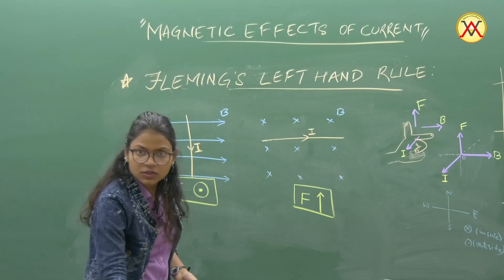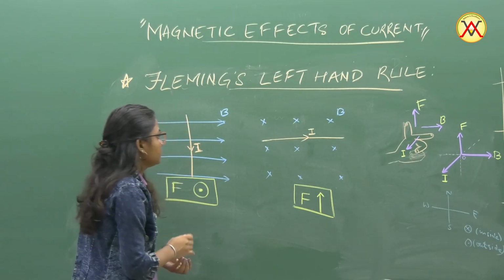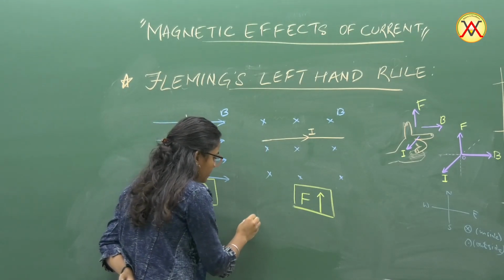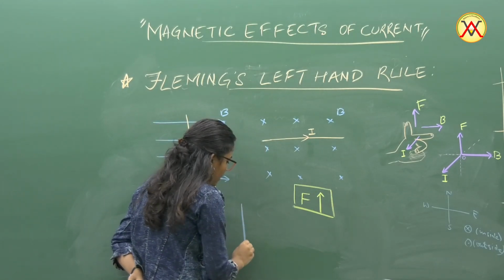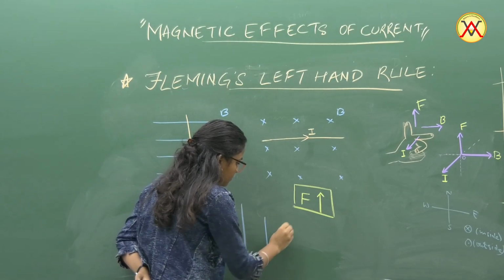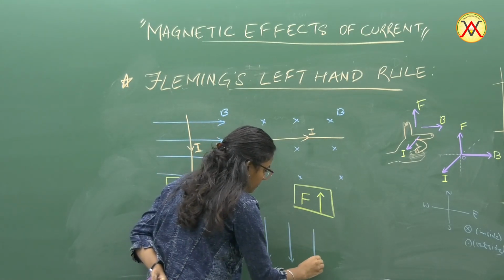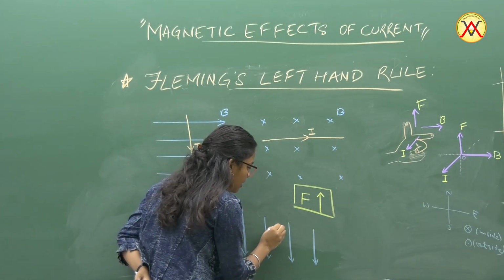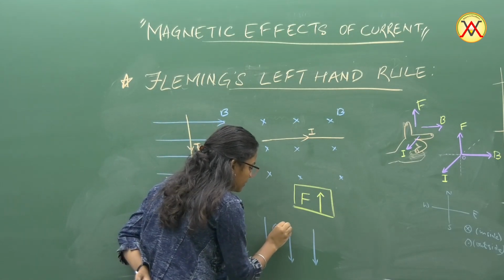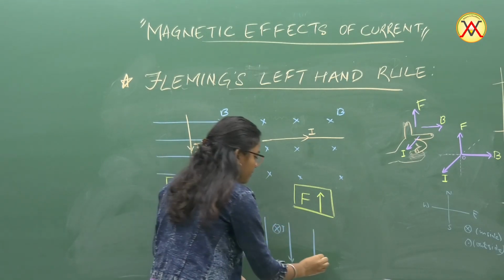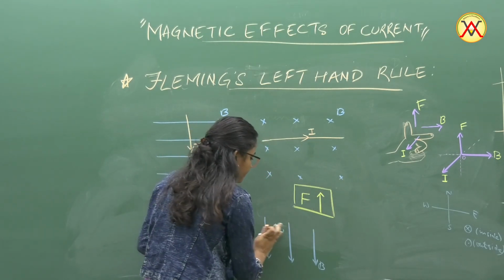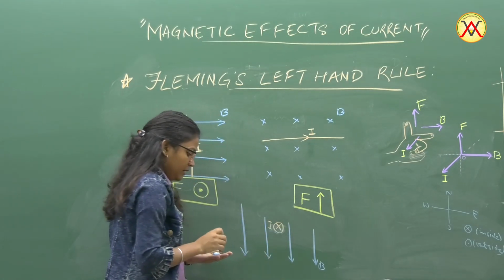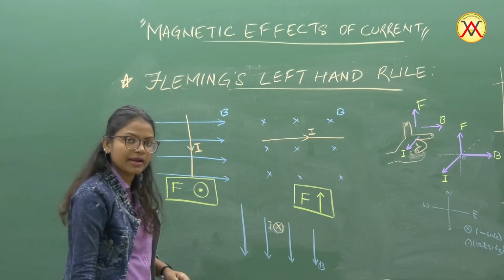Let's discuss just one more question related to it. Let's suppose the direction of our magnetic field is in the downward direction, and our current carrying wire is going inside. This is our current carrying wire. This is our magnetic field. In this case, what will be the direction of our magnetic force?